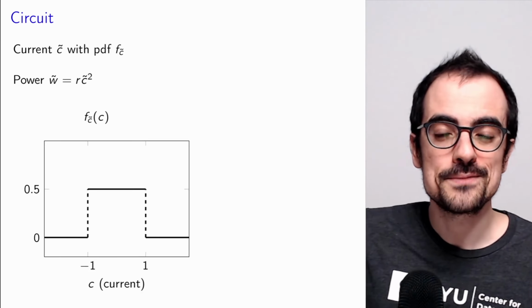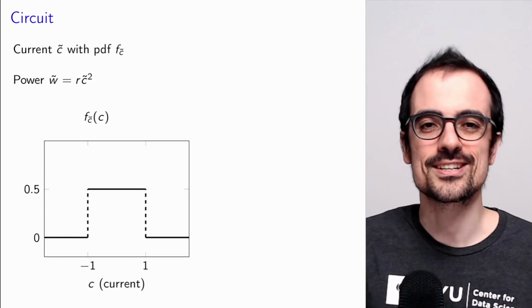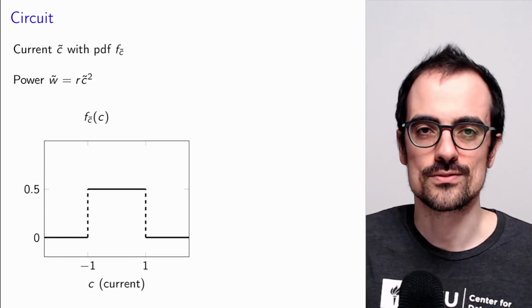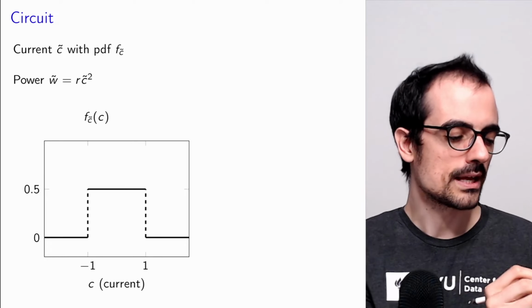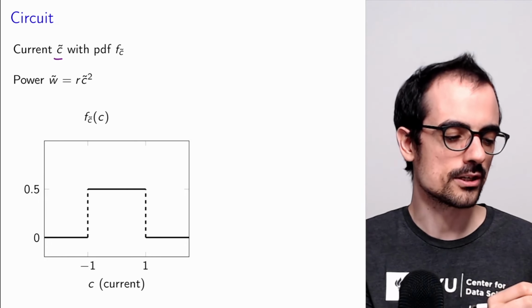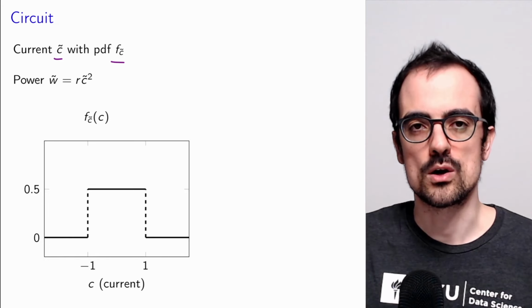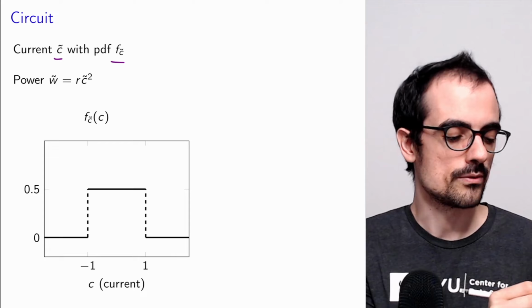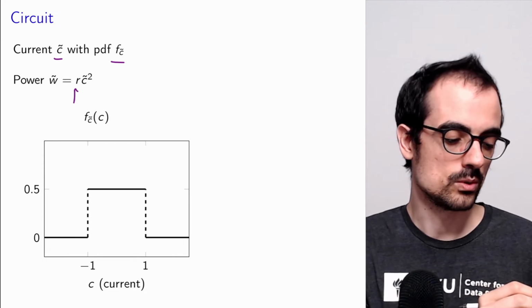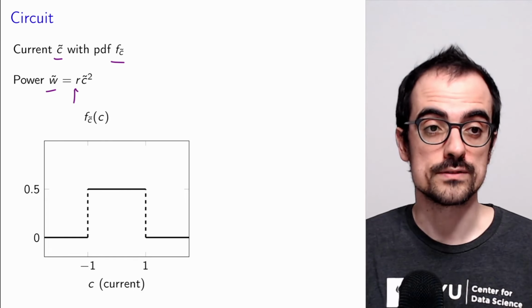Let's do an example. We had talked about current and voltage for a certain circuit when we were discussing functions of random variables. So here we have a current C in a certain circuit with a certain PDF, and the power over a certain resistor with resistance R is equal to W, the random variable W, which is a function of the current.